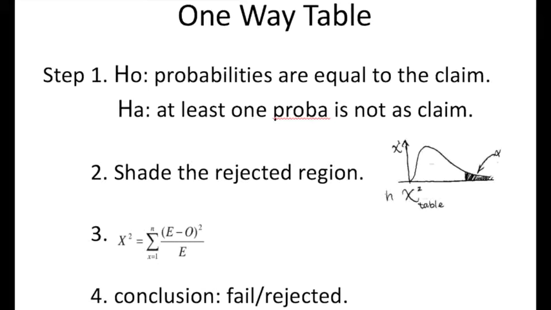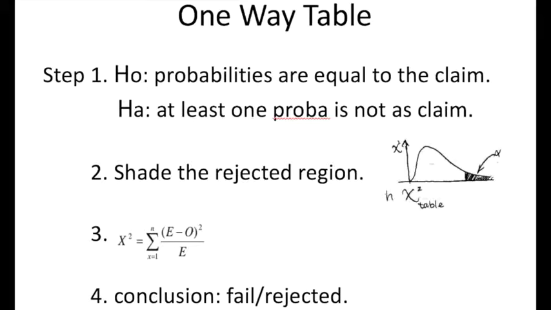Here are the steps for one-way table to test the claim. Step 1: write down H0, which is probabilities are equal to the claim, and HA, at least one probability is not as claimed.